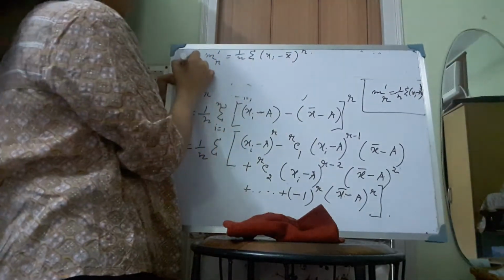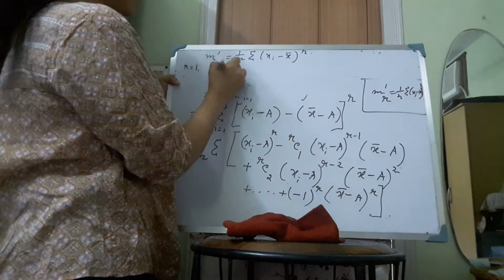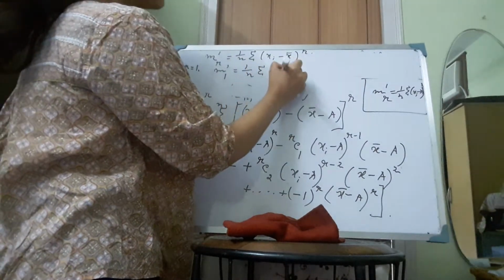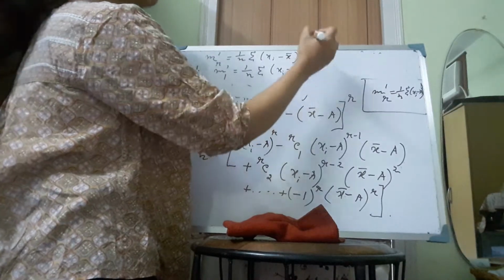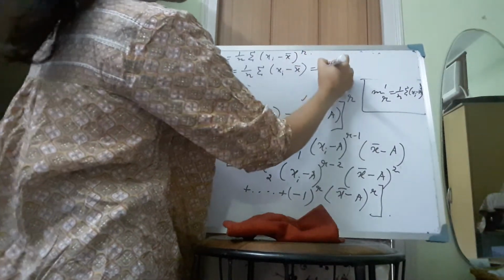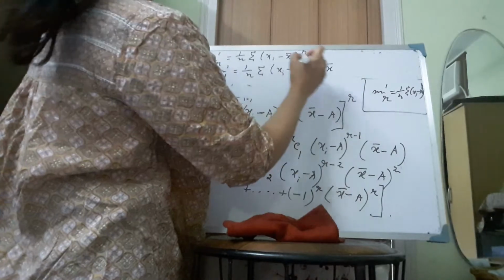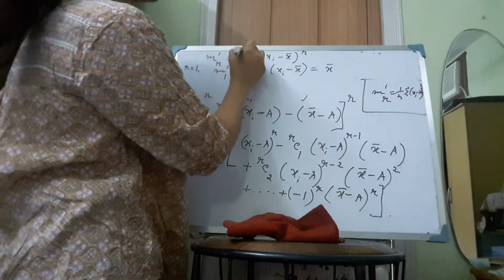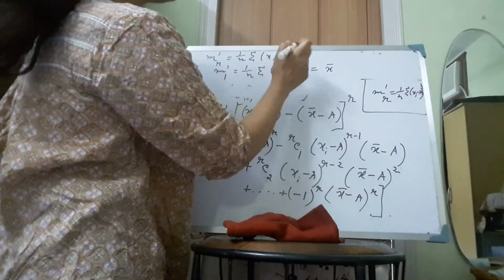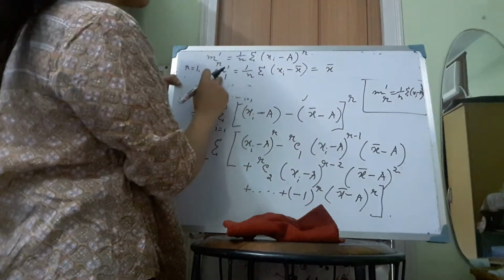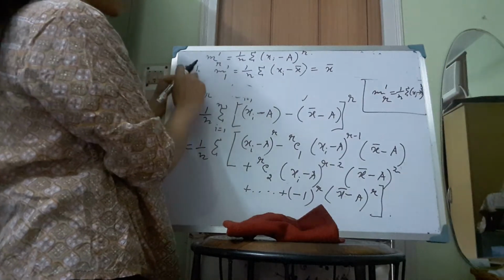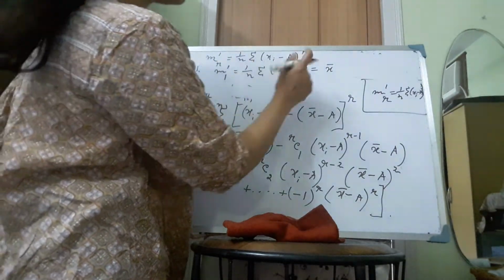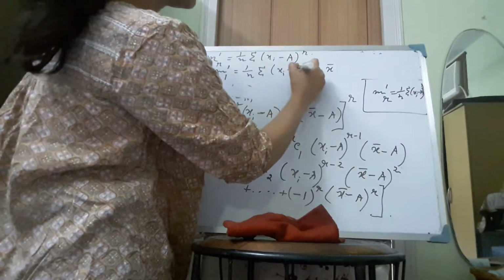Now if we put r equal to 1, we will be getting m1 dash equal to 1 by n summation of xi minus a whole to the power 1.